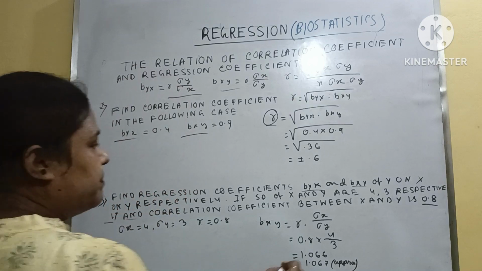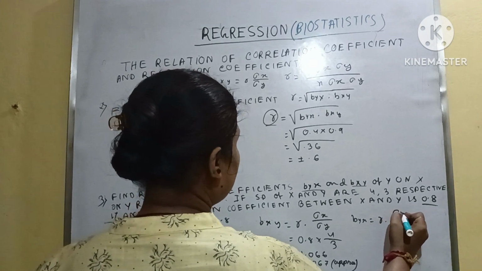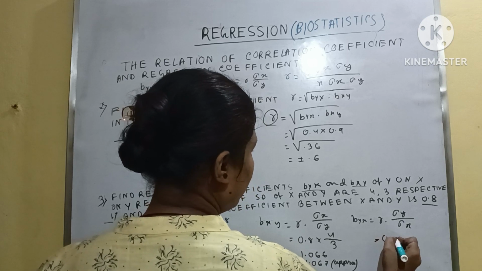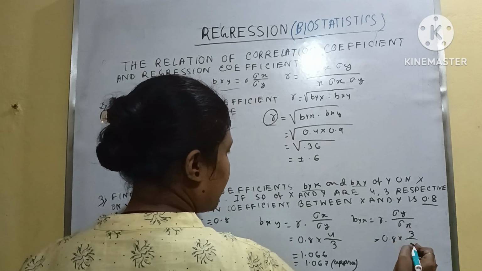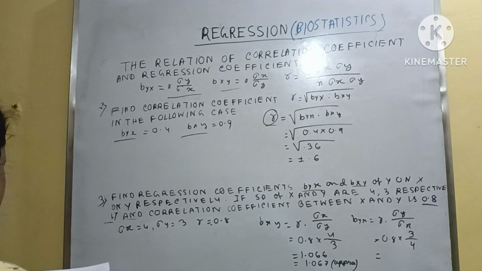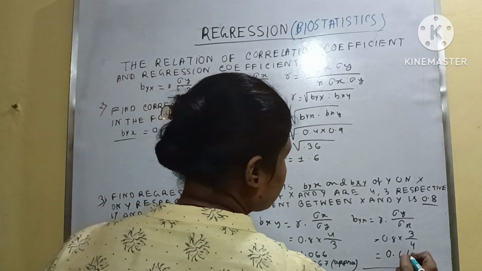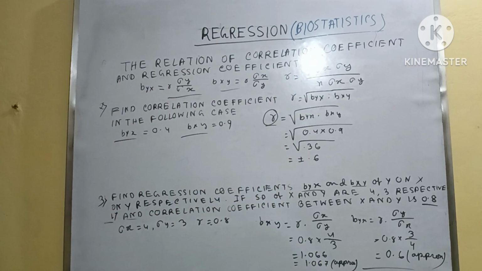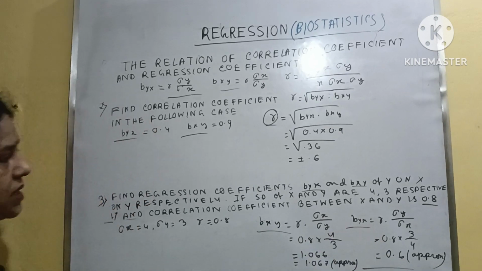Clear? And byx equals r into sigma y divided by sigma x. So r is 0.8 and sigma y is 3 and sigma x is 4. So the value is 0.6. These are the methods by which we calculate the bxy and byx.